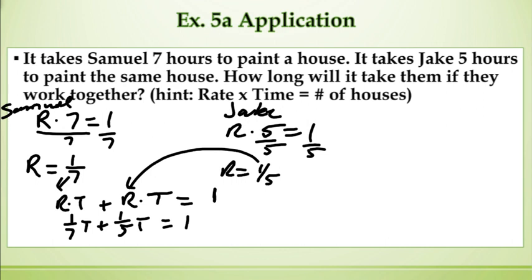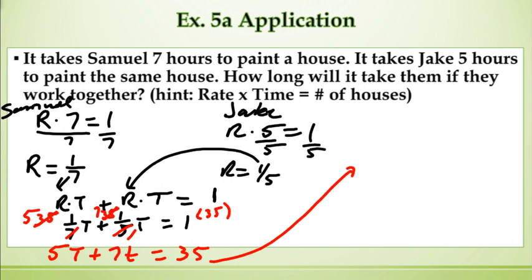Now the least common denominator of 7 and 5 is 35. So to get rid of the fractions, I multiply everything by 35. 35 divided by 7 is 5, so I have 5t plus 35 divided by 5 is 7, so 7t equals 35 times 1 is 35.